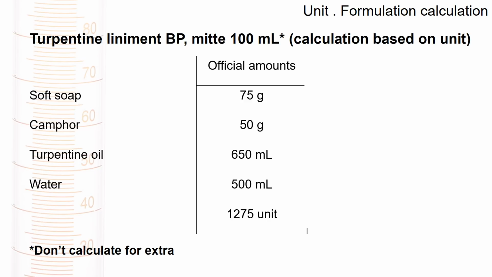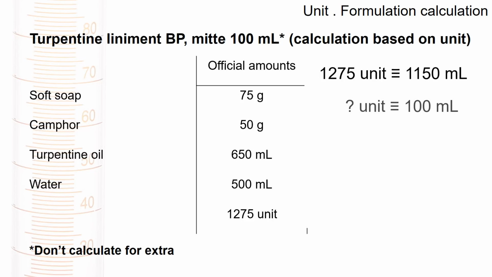As I said before, if you need to know how much you need to prepare, you have to look for the liquid. So total up the amount of the liquid. This given formula has 1150 ml. So for you to prepare 100 ml, how much do you need?